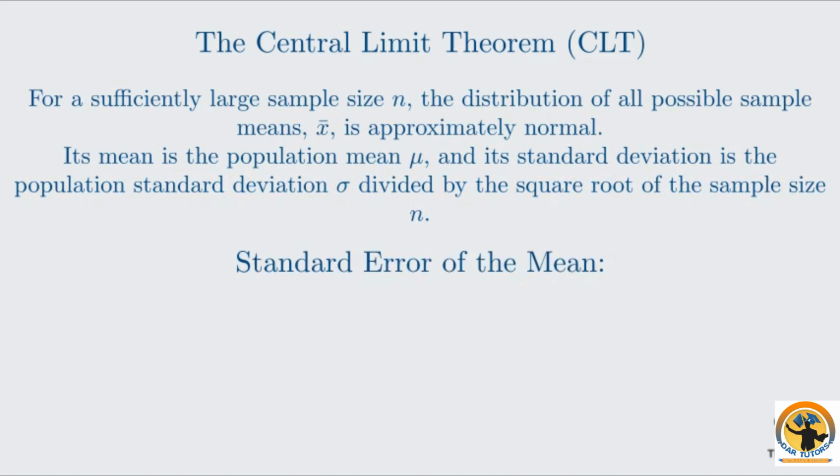This standard deviation is a critical measure called the standard error of the mean. It quantifies how much a sample mean is likely to differ from the population mean due to random sampling.